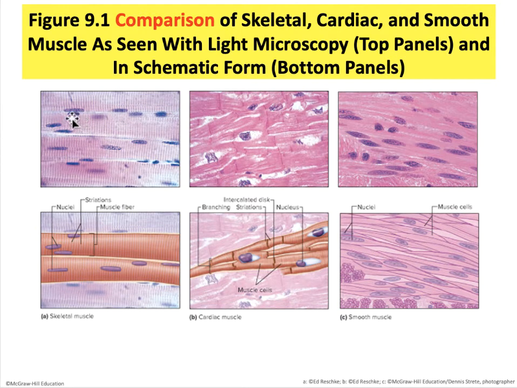The other thing is that the cells are multinucleated, so they are fused together to form giant cells. In the case of smooth muscle, cells are arranged in a spindle type of arrangement with normally a single nucleus embedded inside the cell. There are no striations because, as we'll find out later, there's no absolute organization.